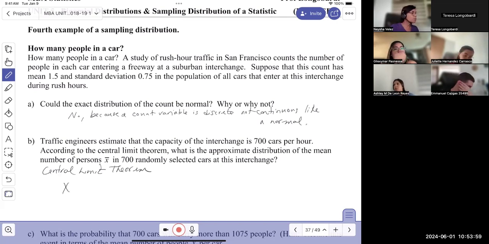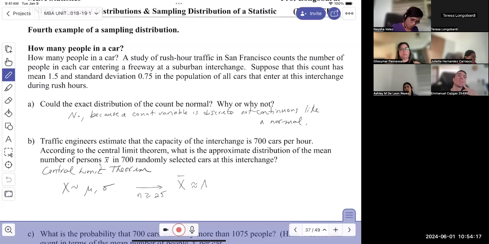It says that if you start with a variable and you know its mean and standard deviation, but you don't necessarily know the shape, as long as n is greater than or equal to 25, the sampling distribution of the sample mean will be approximately normal with the same mean and a standard deviation that's a factor smaller. It's a matter of what the sample size is.